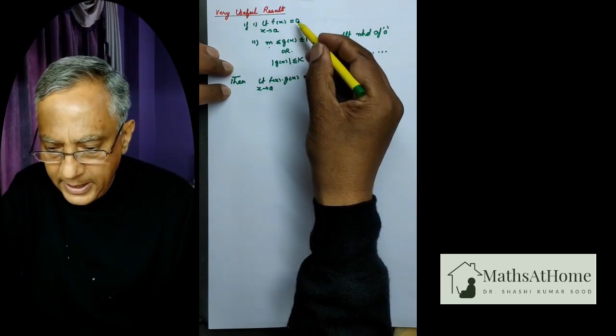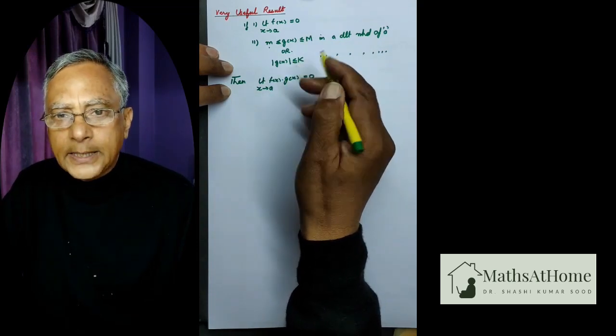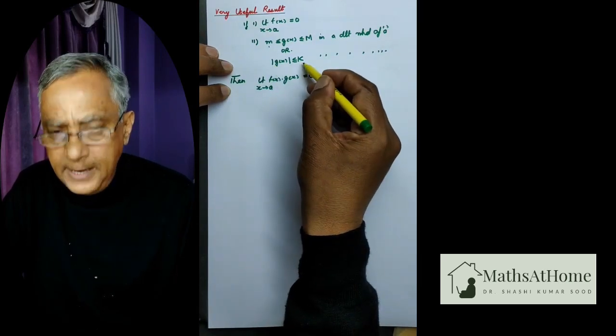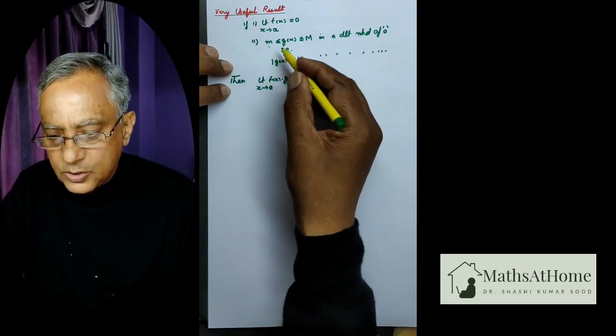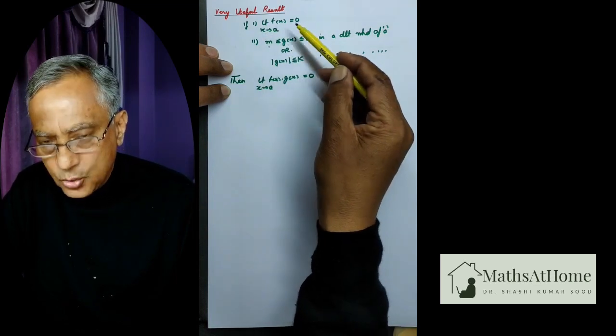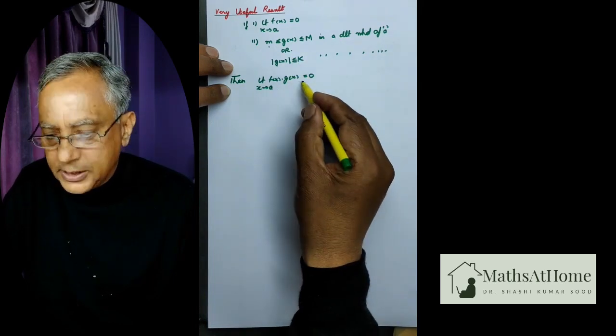Now if this limit tends to 0, and we do not know the limit of g(x), but we know only the fact that g(x) is bounded, that is, its values lie between two real numbers, if f(x) tends to 0 and g(x) is bounded, then this limit will be 0.